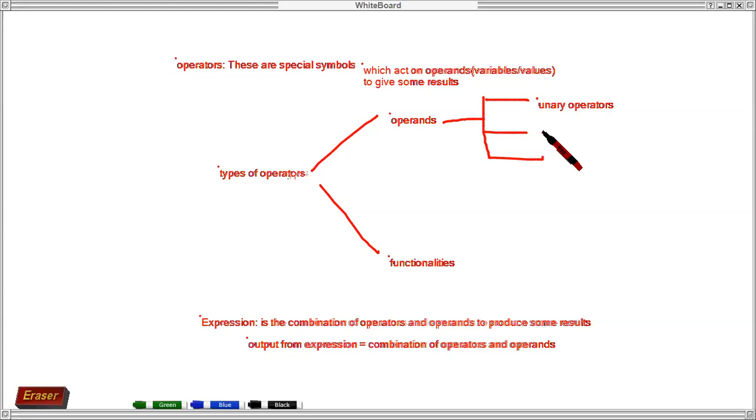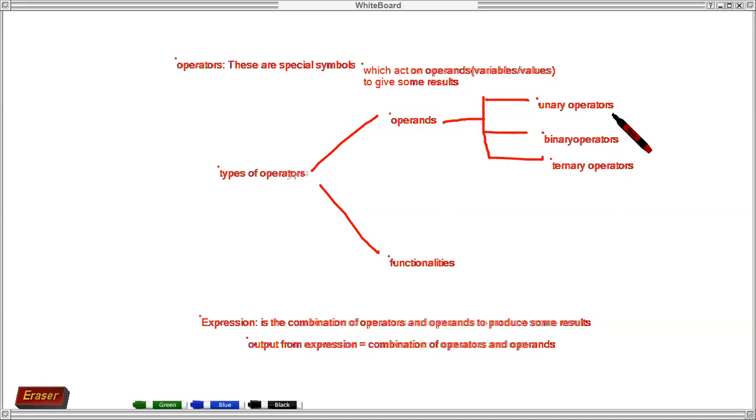Number two is binary operators. And number three is ternary operators. So if we categorize the different types of operators on the basis of the operand, we have three different types: unary, binary and ternary.